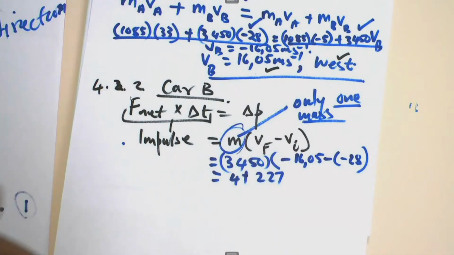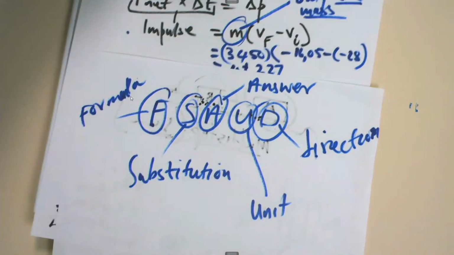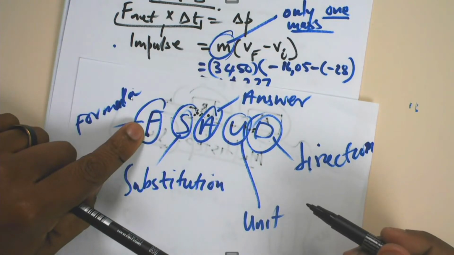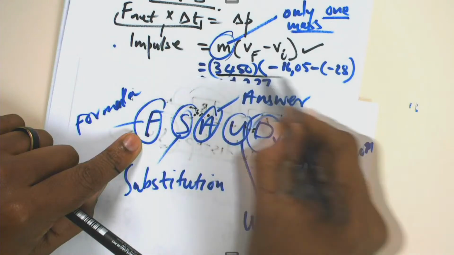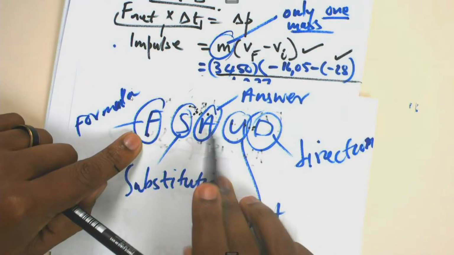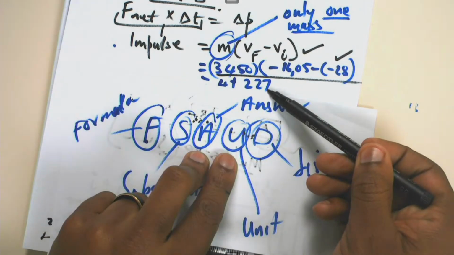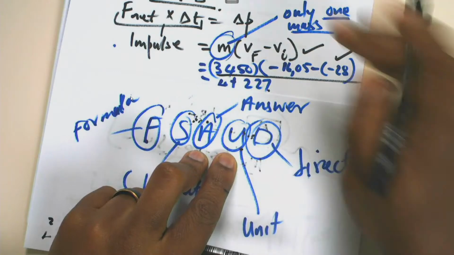Then I will get my correct answer, which will be 41227. But now what is the problem with my answer? The problem is I have the formula, which will be 1. I have the substitution, which will be 1. I have the answer, but the answer without the SI unit becomes a challenge, so there will not be a mark for that.